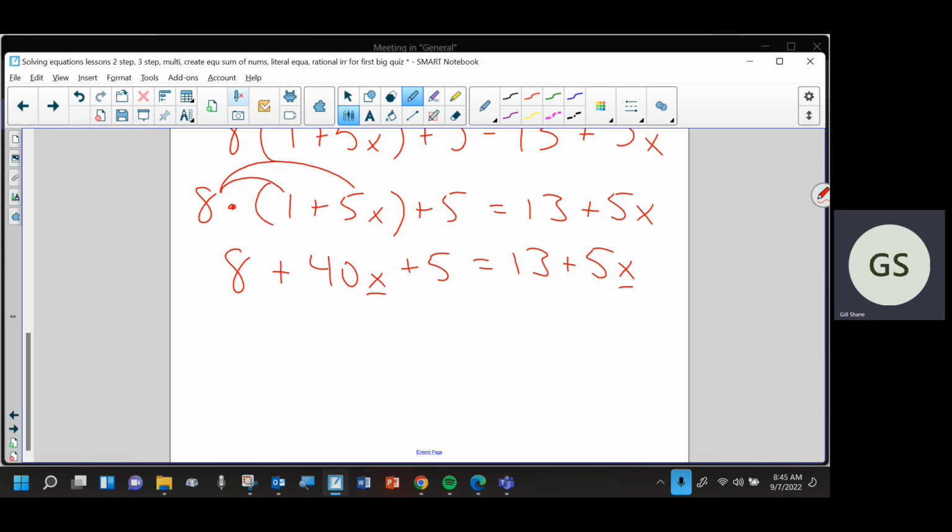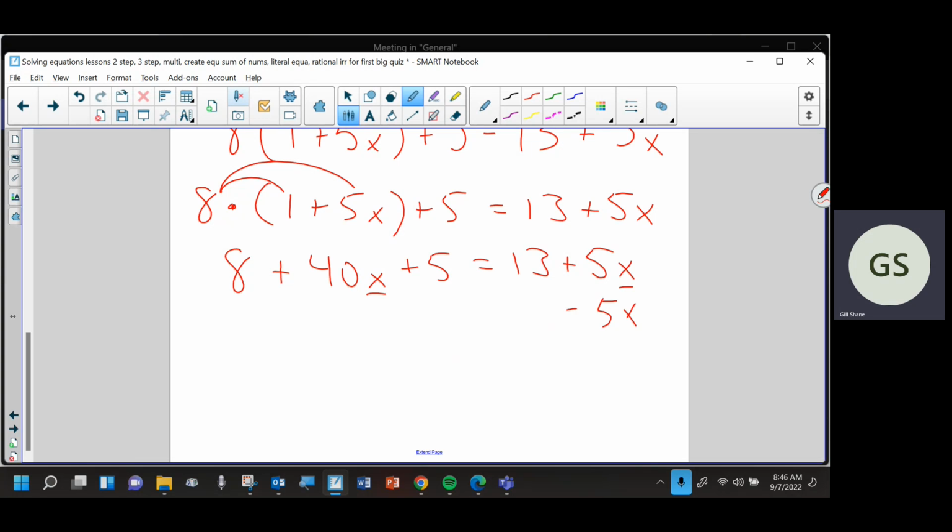We want to get rid of that 5x. How do we get rid of that? If you have 5x's, how would I get rid of them? I'd subtract them, I'd take them from you, right? If you have them and I take them from you, they're gone. So we're going to get rid of 5x.